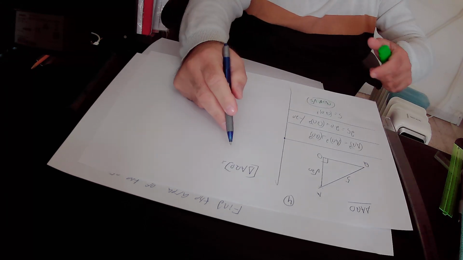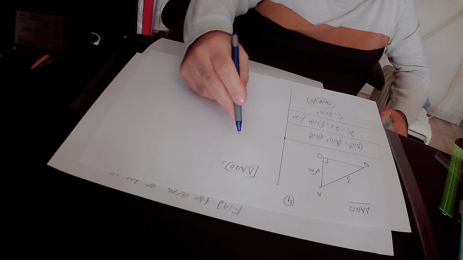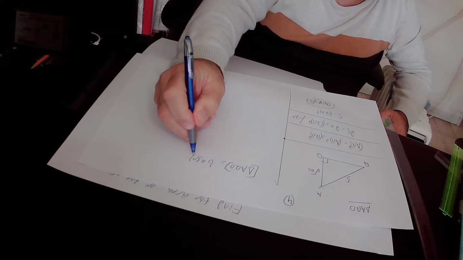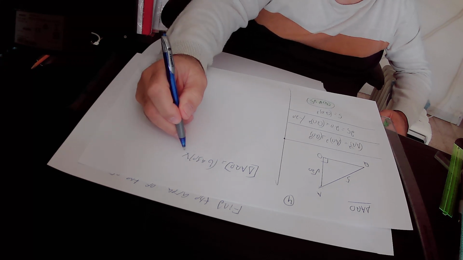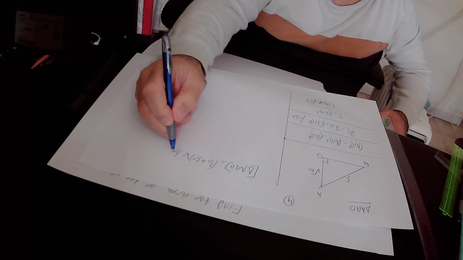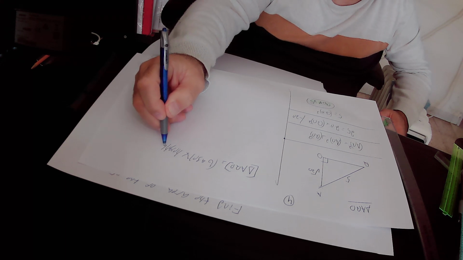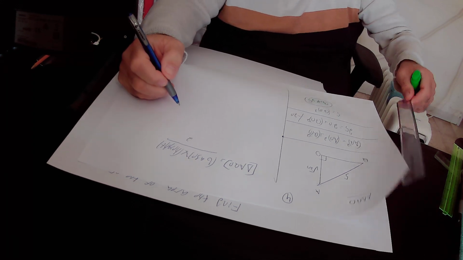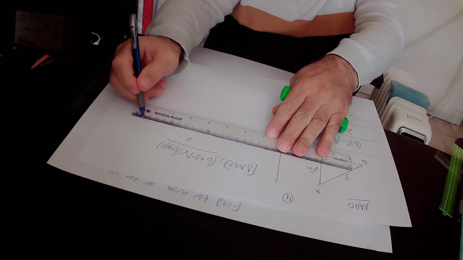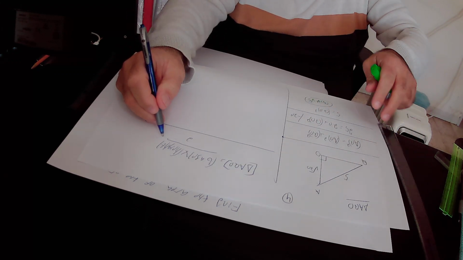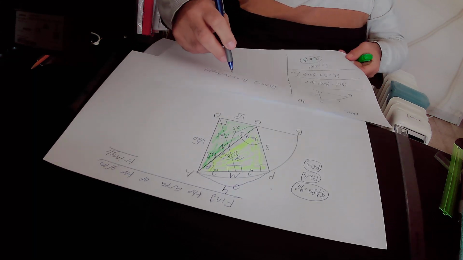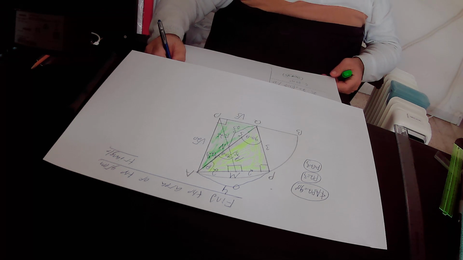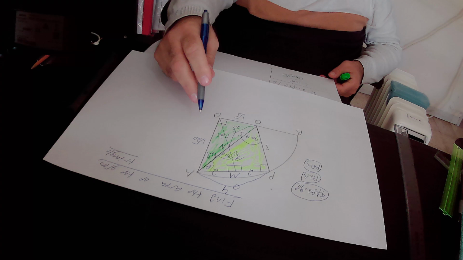So the area of triangle AQO equals the base of the triangle times the height to the base, over 2. The base of the triangle is QO, and the height is AO.